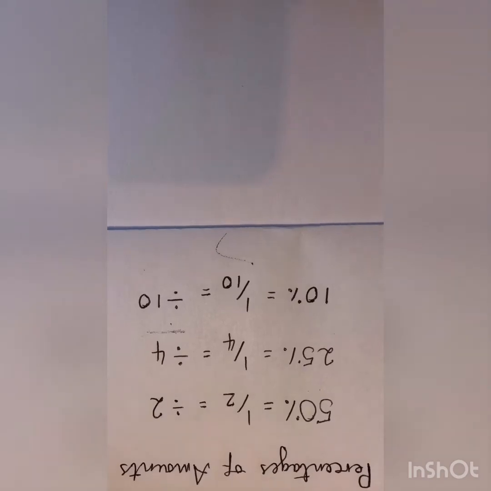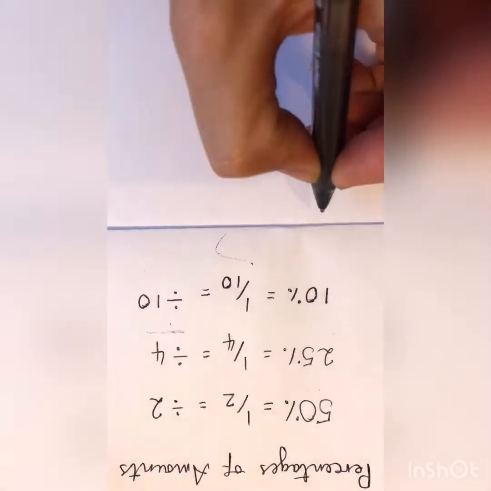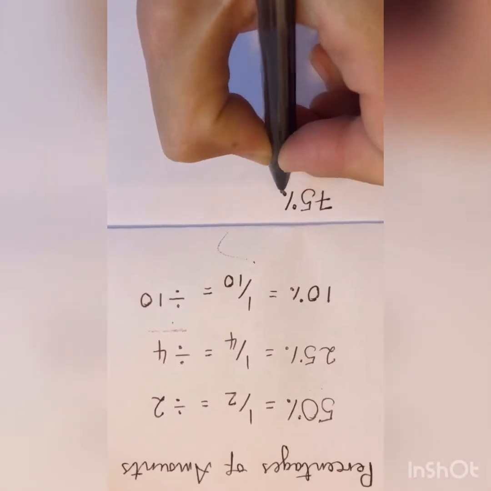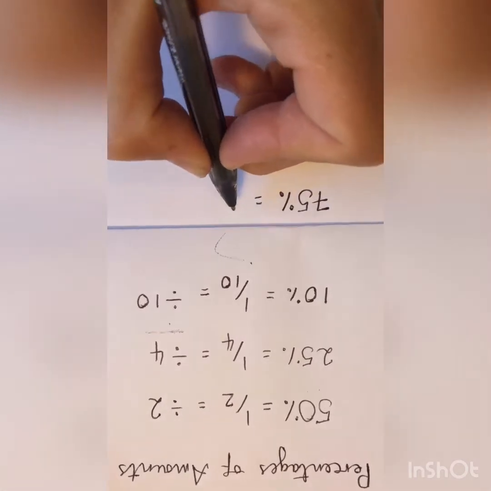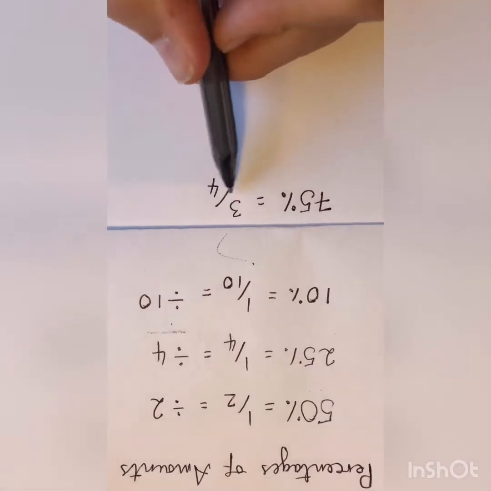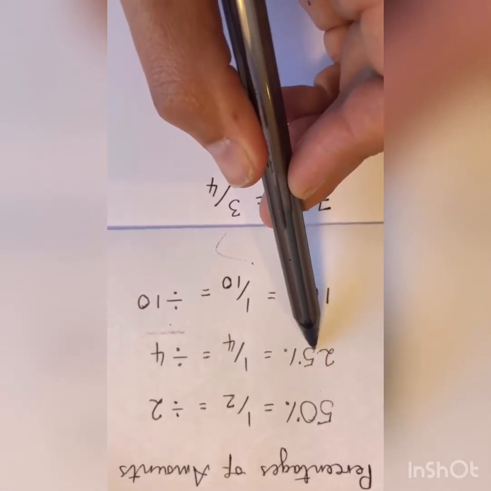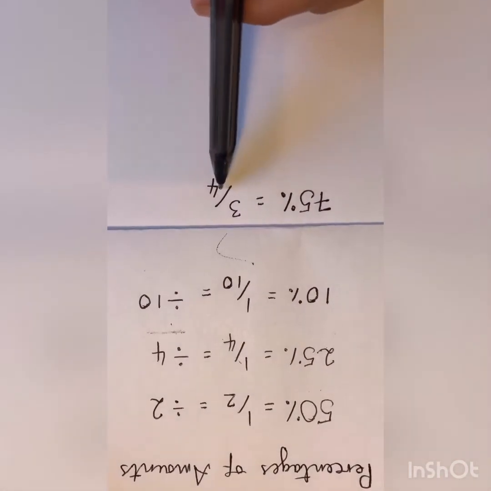So using these same calculations, we're going to see if we can find 75% of a number. To find 75% of a number, 75 is 3/4. It's 3 lots of this percentage. 25% is 1/4, or 75% is 3/4.